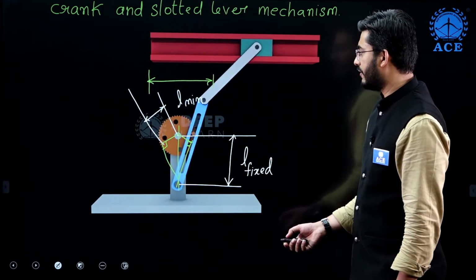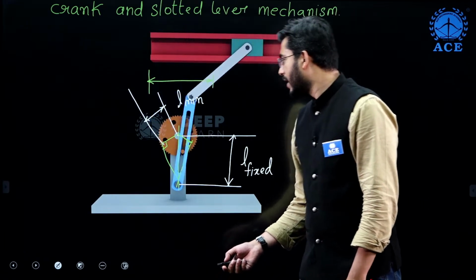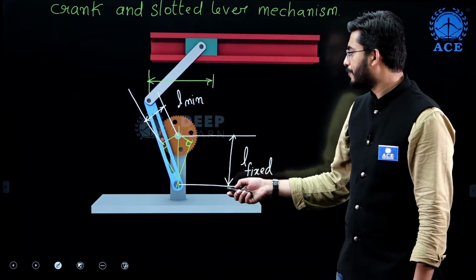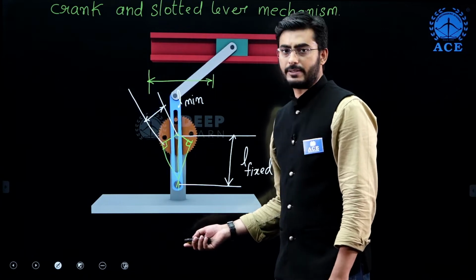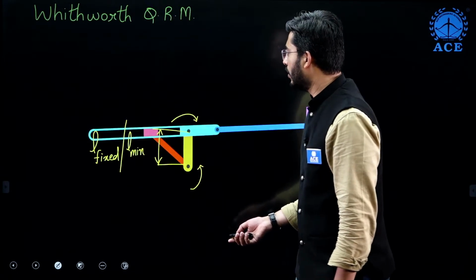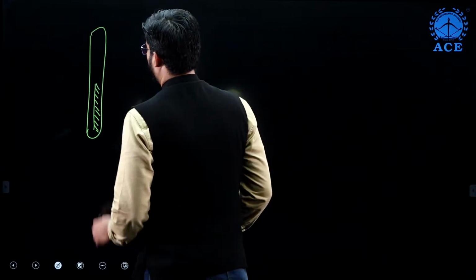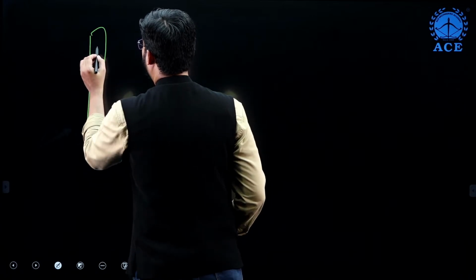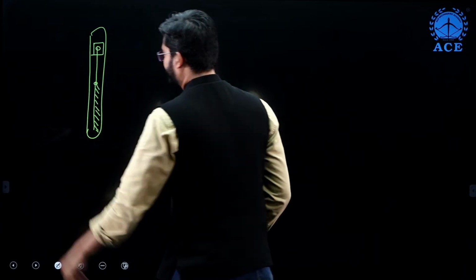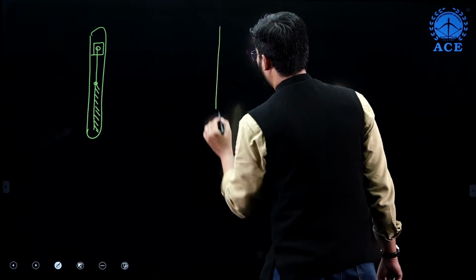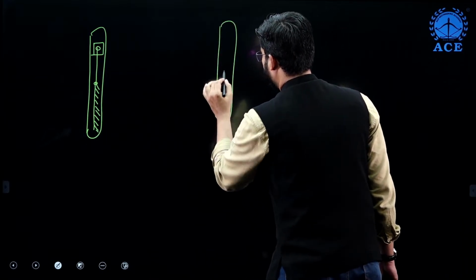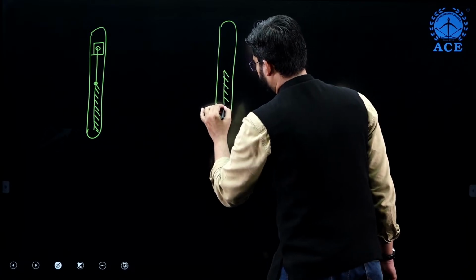At the extreme position, the velocity of the slotted bar is 0, and at the mean position, that is when it is vertical, the slotted bar velocity is maximum, okay. So one is when the slider is upward, and the second one is when the slider is downward.